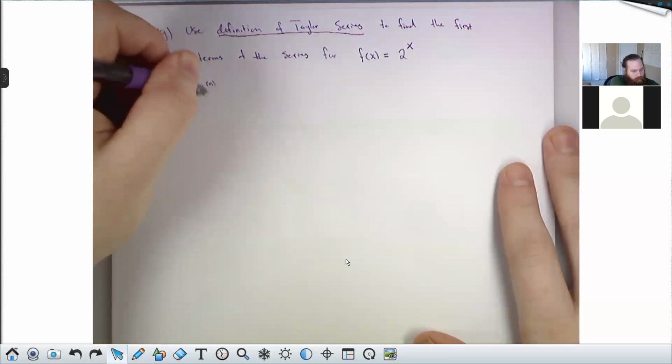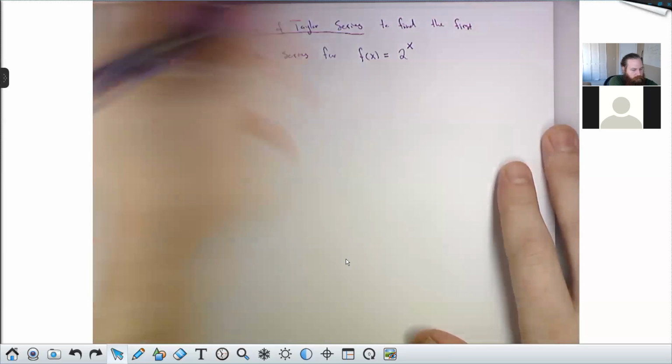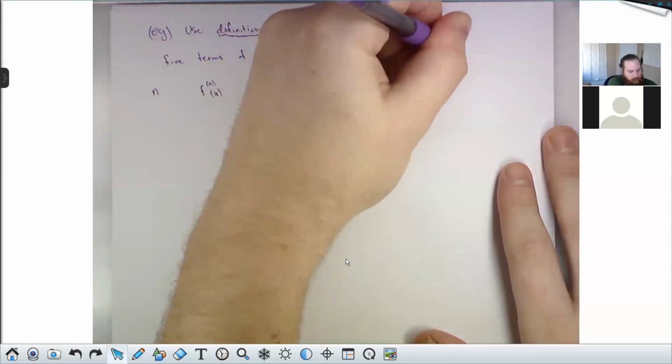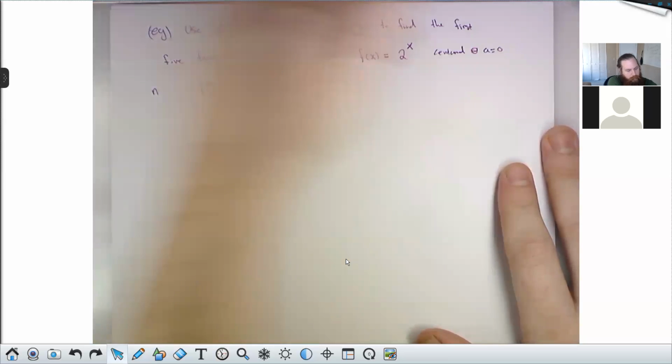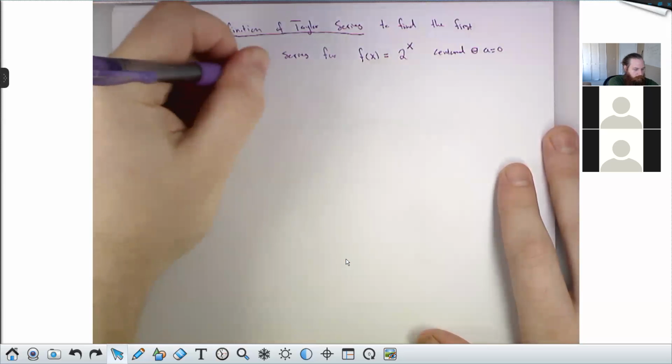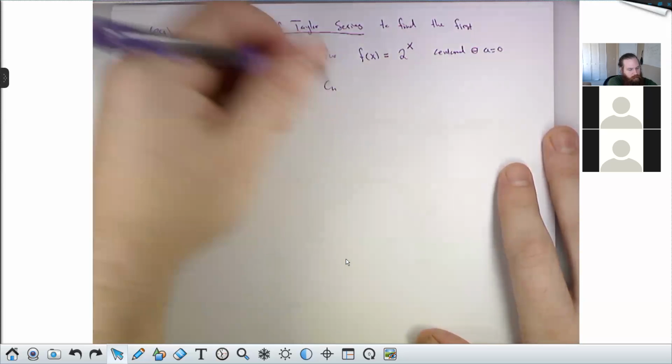But our table has n, the nth derivative. We'll say centered at 0. So then fn of a goes here, which is fn of 0, and then cn on the very end.